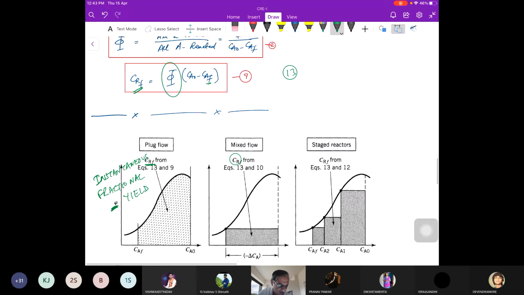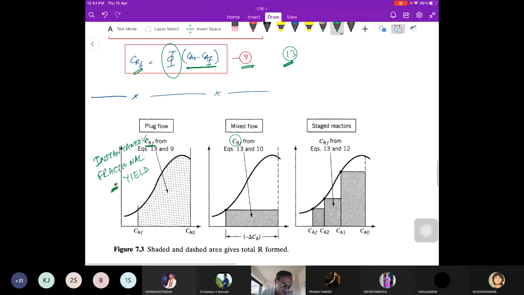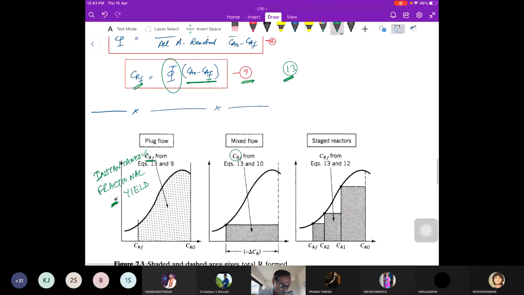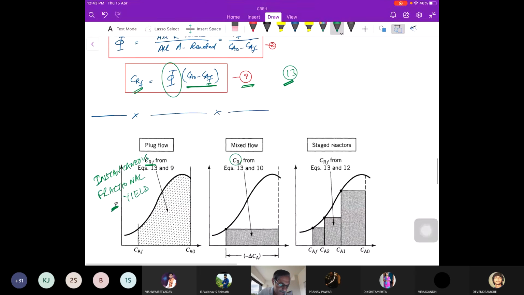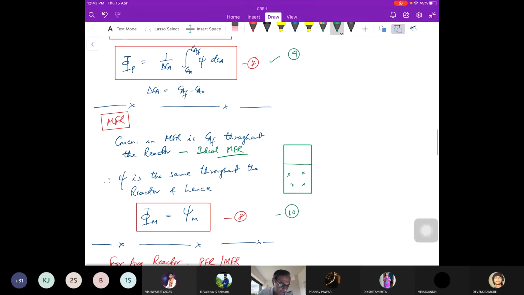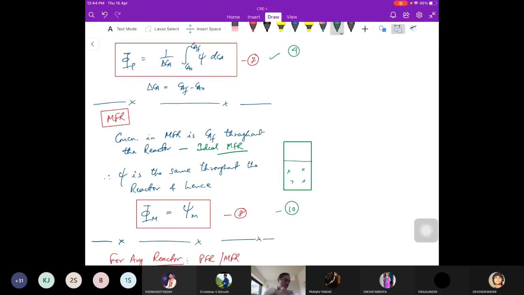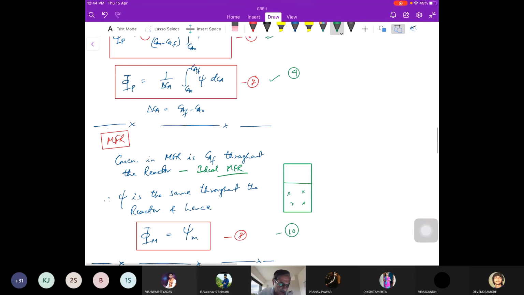If you see equation 13 or 9 here, CRF is nothing but phi into CA naught minus CF, right? Now equation 9 is what?